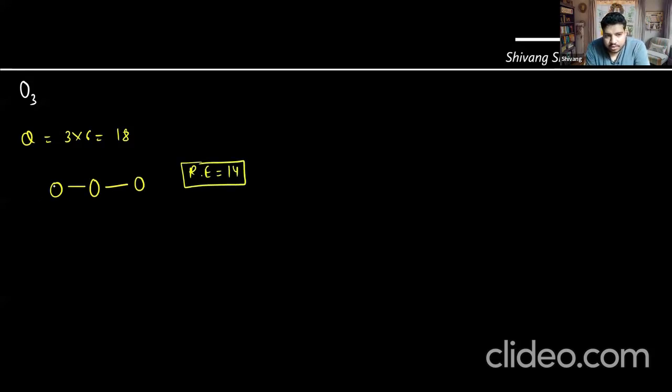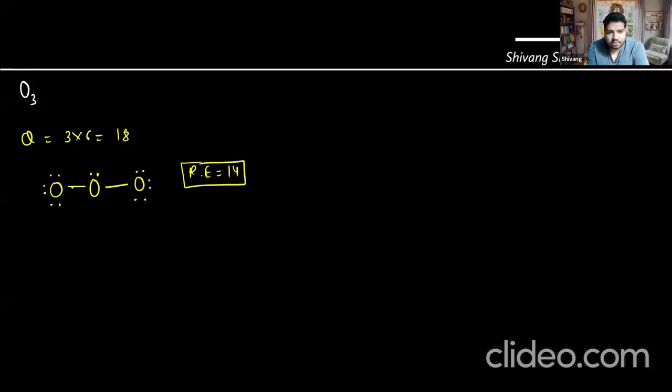Have a look. So this left oxygen already has 2 electrons because of the bond. 1, 2, 3, 4, 5, 6. 8 done. 1, 2, 3, 4, 5, 6. 8 electrons done. Right? Still left with 2 electrons because 6 and 6 are used up. There were 12 remaining. So 2 more remaining. We'll give it to the central atom. Still the central atom is not complete.